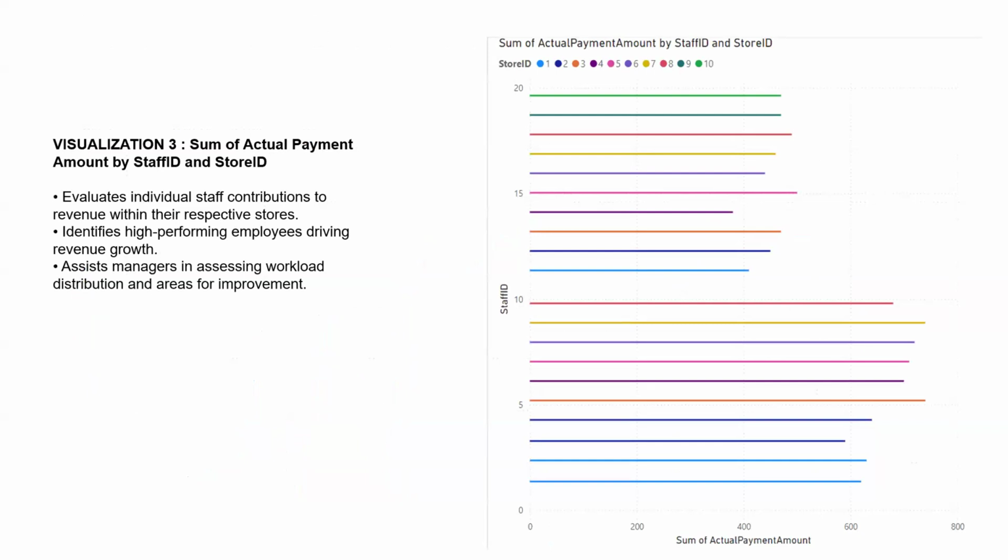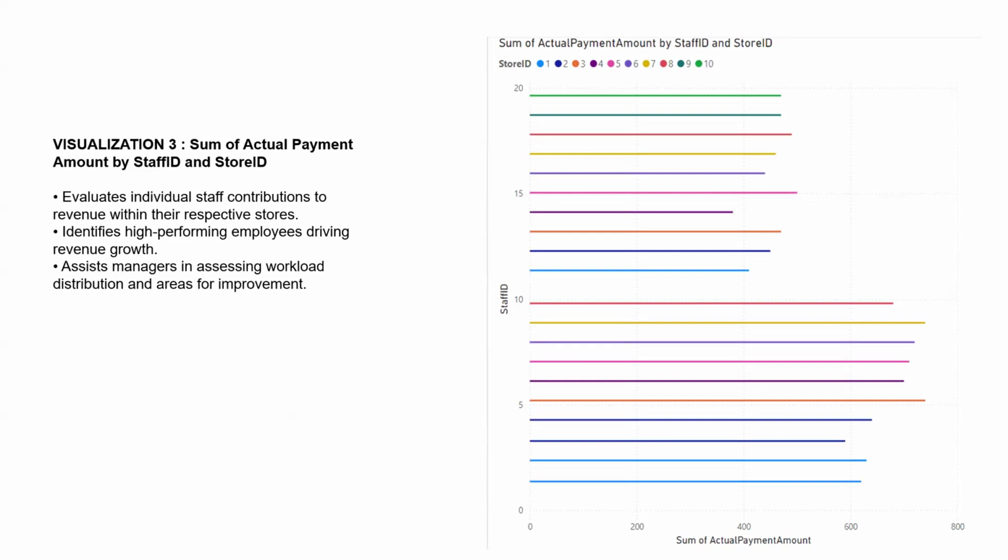It helps identify high performance employees who drive revenue growth and assists managers in assessing workload distribution. By understanding these patterns, managers can make informed decisions to optimize staff performance and address areas for improvement. So we can see which staff and which store ID have the better performance in this chart.